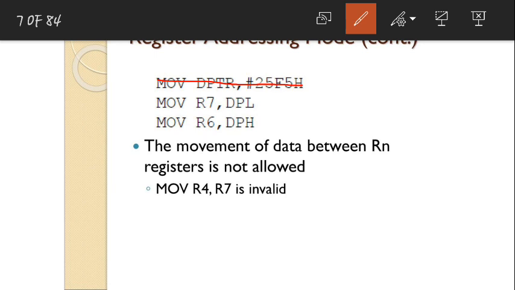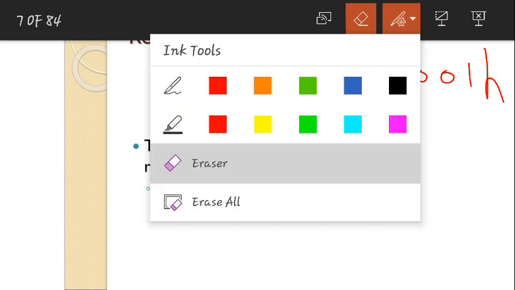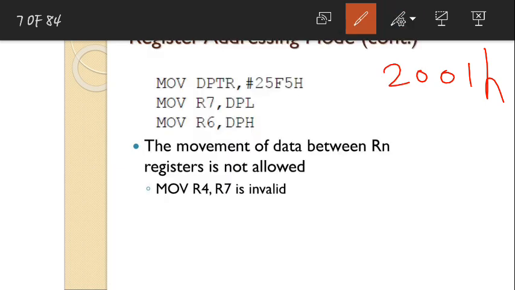If I want to move 2001H into DPTR, I should divide it into 8 bits and send one part into one register and the other into another.